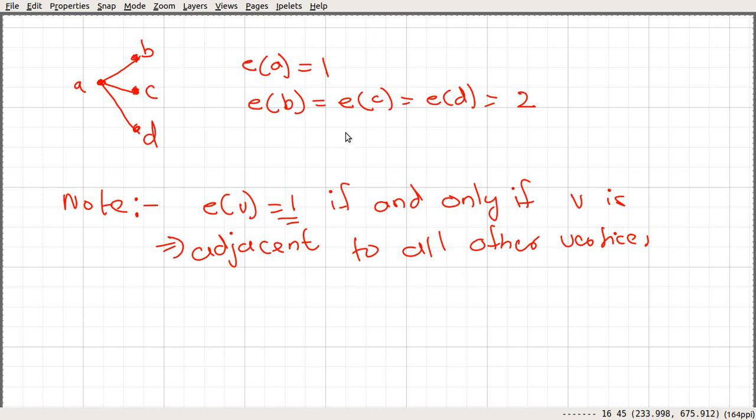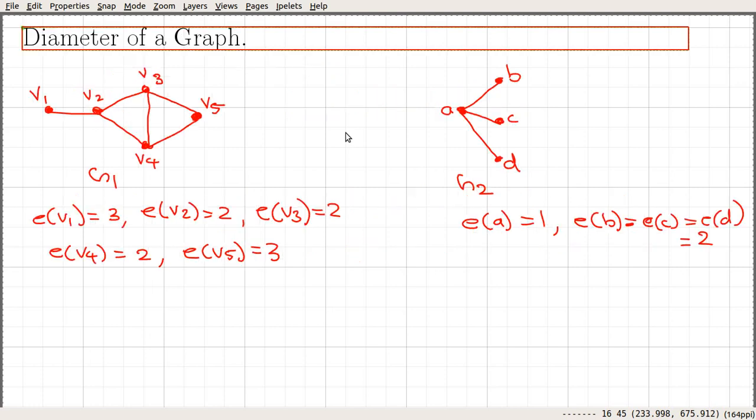Now we can talk about the diameter and radius of a graph. So eccentricity is defined for a single vertex, but the diameter and radius, they are defined for the whole graph. So let's look into the definition of diameter of a graph. So let me give the definition.